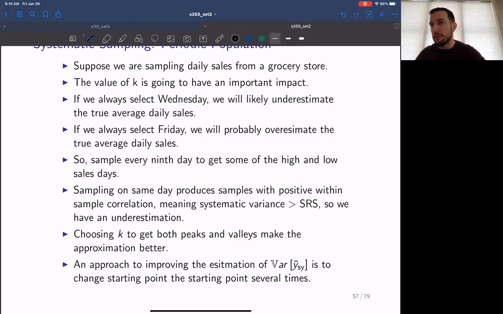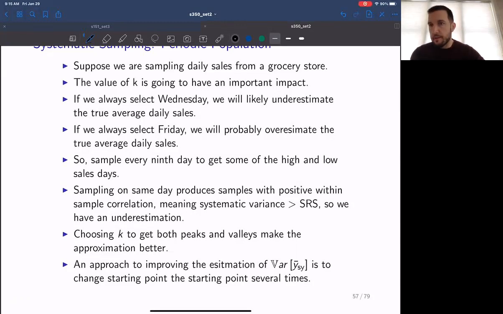Whereas if you choose a 7-day sampling period but always sample later in the week, say Friday or Saturday, then you're probably going to overestimate the true mean while still underestimating the variance of the true mean, because you still have that positive rho factor that's not being accounted for.